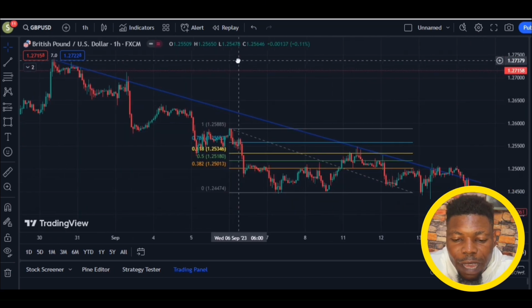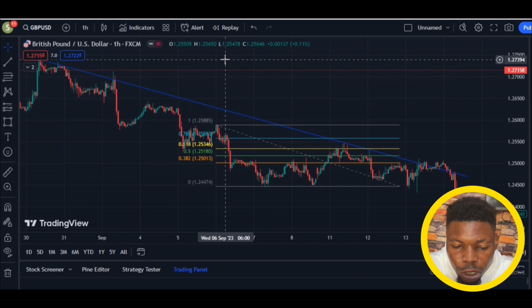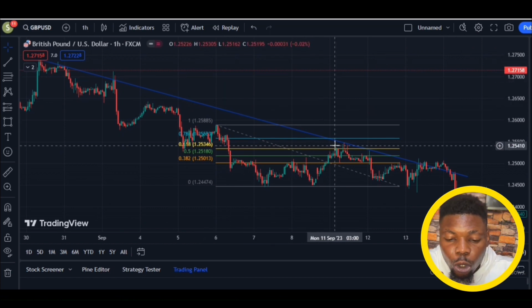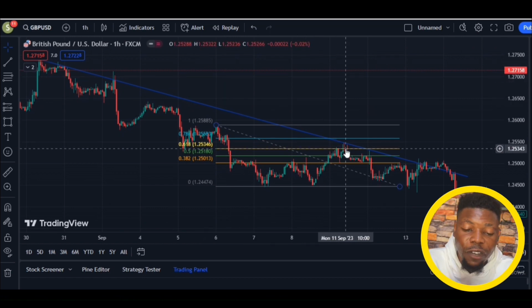So our aim is that the third touch, we are expecting it to align with the 0.618. If it doesn't align with 0.618 and it touches from this, it's not a valid trade for this example. We are only going for trades where the trend line rejects from the 0.618 and it touches the Fib level 0.618.